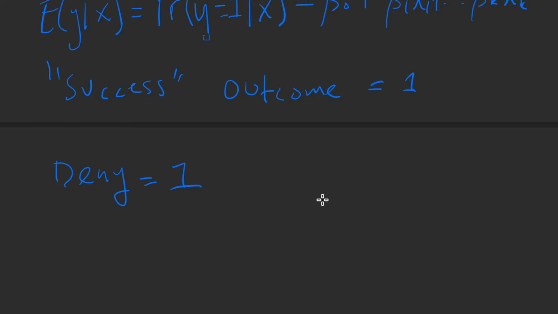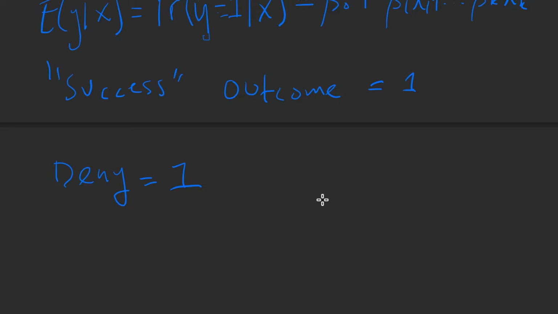And so we have what can be a little bit confusing terminology where we think of success as being a good outcome, but here we have a case where it's actually not such a good outcome. But really what success means is that we have the outcome of interest occurring. Success is that we see the outcome of interest for this binary variable. That's all that we mean by success.